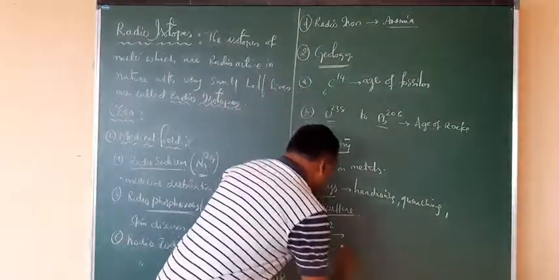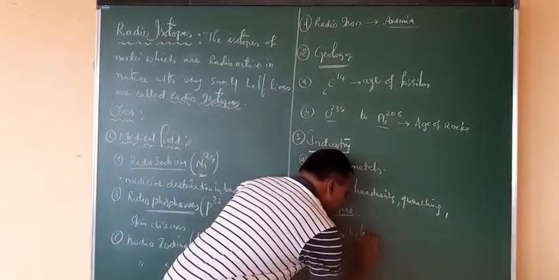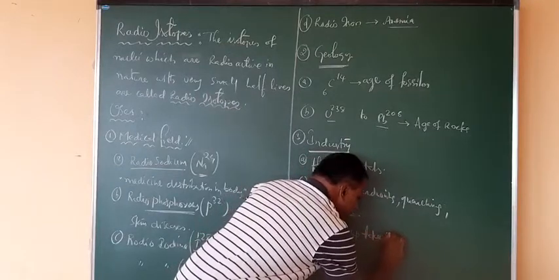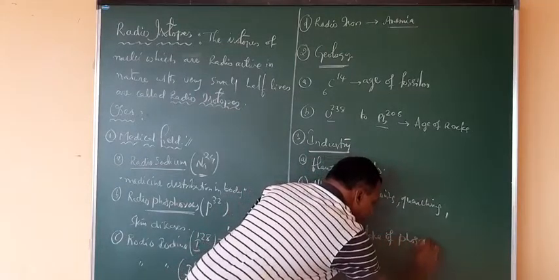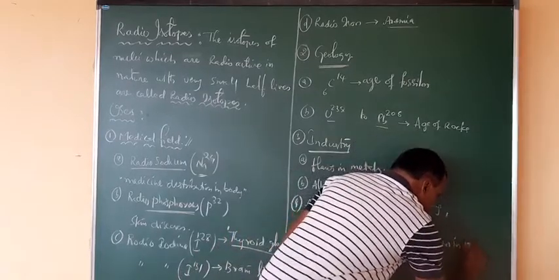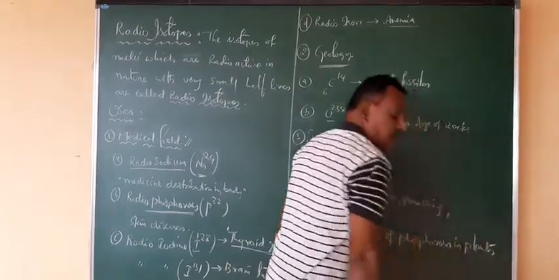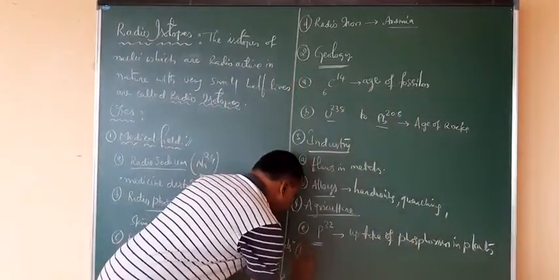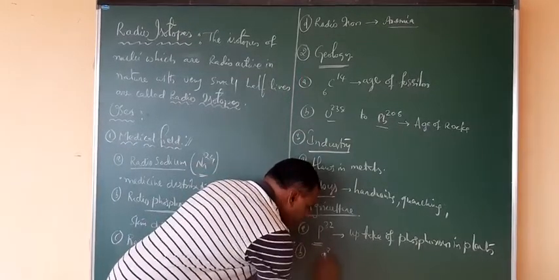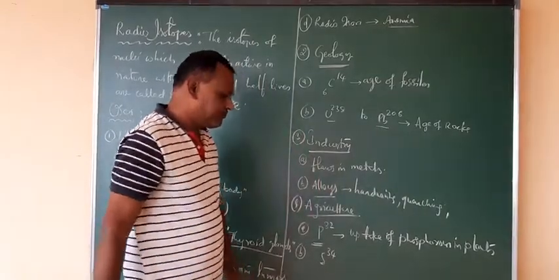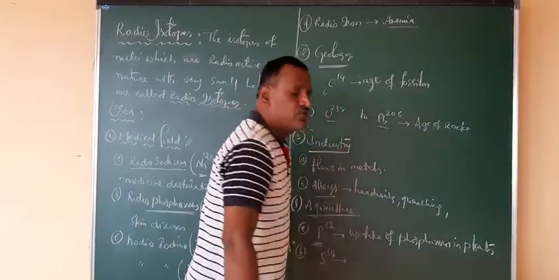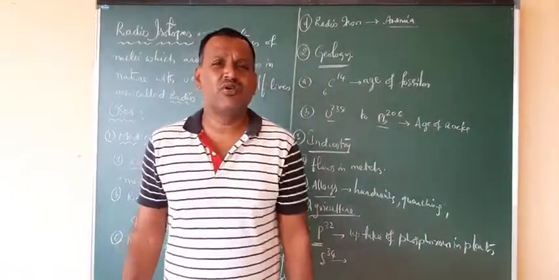Right. So phosphorus 32 is used to study the uptake of phosphorus in plants. And there is one more, sulfur. Yes, it is 34. Phosphorus 32, sulfur 34. So this is used to study the proper distribution of minerals in the plants.